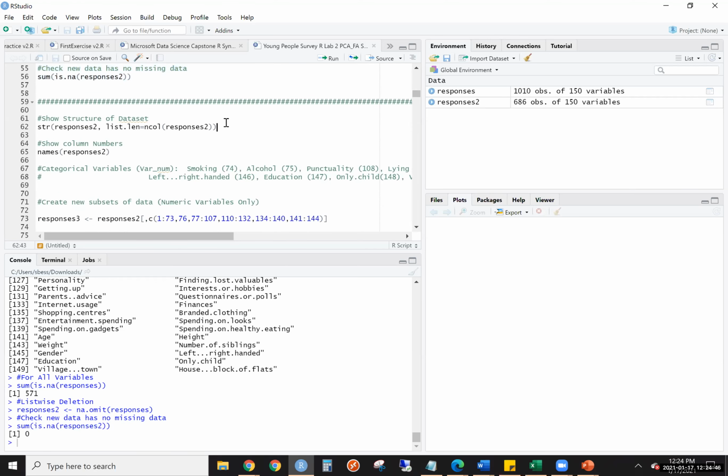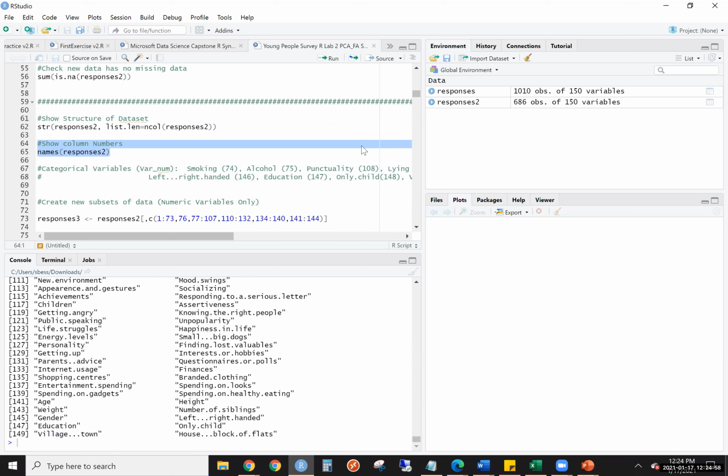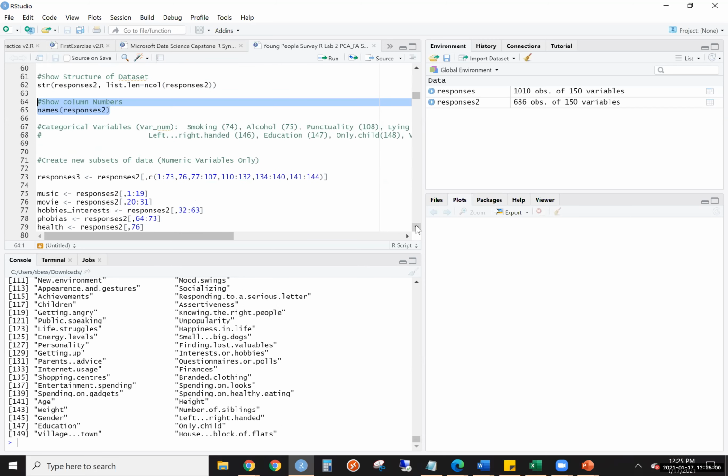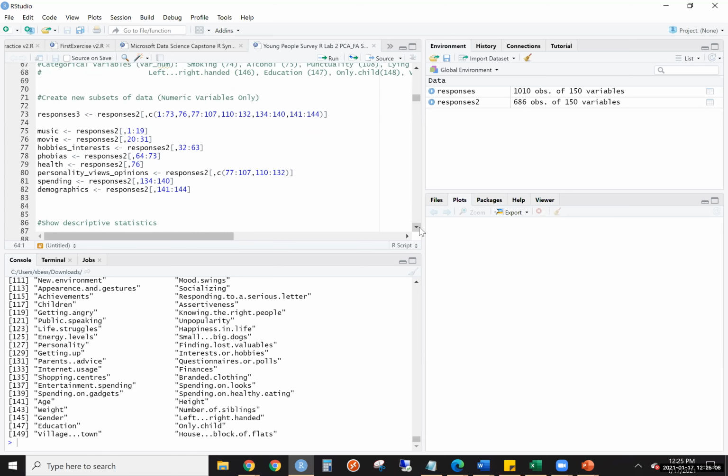We're then going to look at the structure here, and we see that some of these variables are factors, and then the rest of them are integers or continuous values. So I'm going to use names again here so I can figure out which ones are categorical and remove them. And I provided the column names here for your benefit as well. And then I'm going to create a new data set, one that's numerical variables only. And then I'm also going to create a subset of variables here.